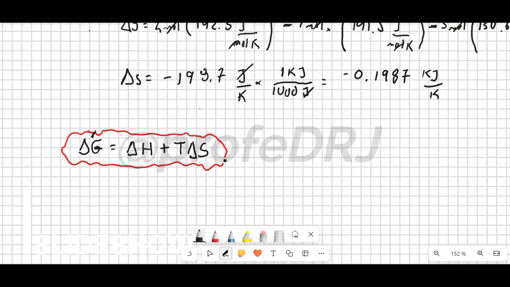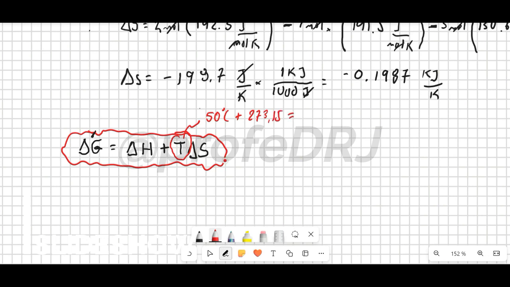We need to find the Gibbs energy. Remember, we have this equation. But what is this? This is a temperature. We're going to assume a temperature of 50 Celsius degrees, but we need it in Kelvin. Just sum 273.15.